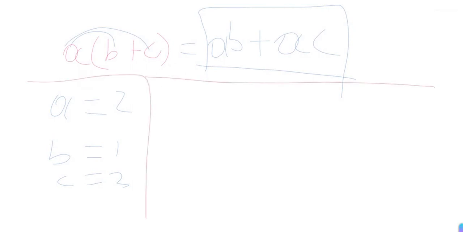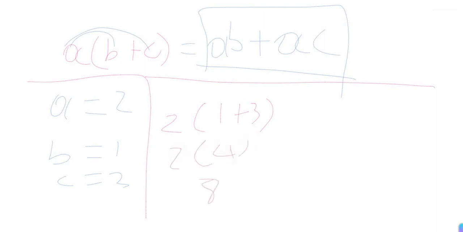So if we say 2 outside as a scalar value, times (1 plus 3). If we follow the order of operations, we work what is in the bracket first. So 1 plus 3 gives us 4, and 2 times 4 gives us 8.